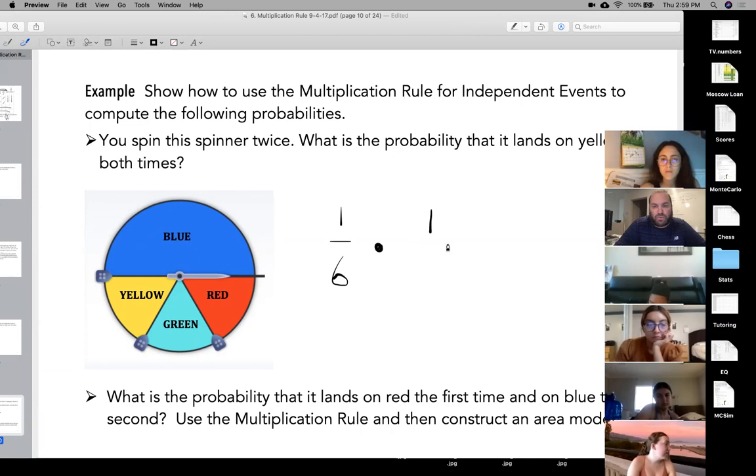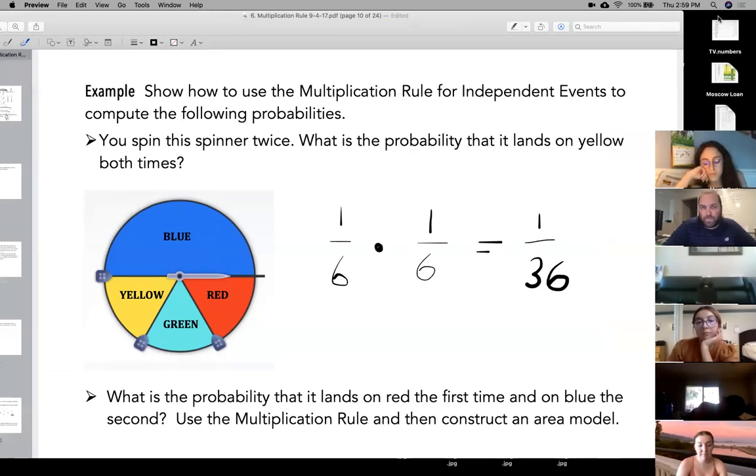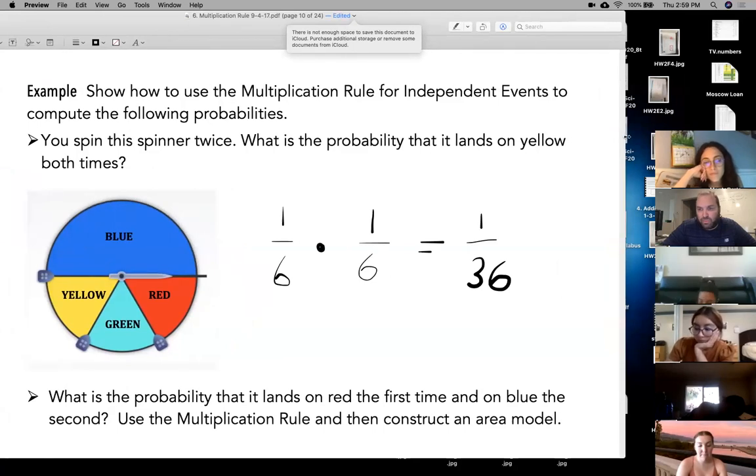Yes, 1 out of 36. Because if they're independent events, the probability that both of them occur is just the product of their individual probabilities. That is the multiplication rule.